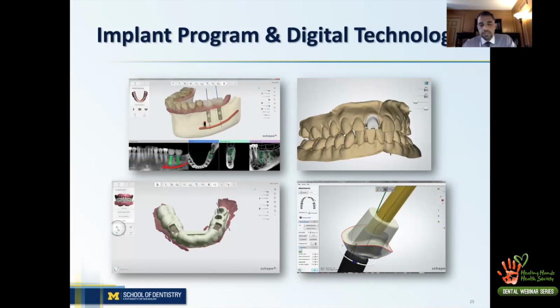But the students enjoy that hands-on experience. Some of them don't get to treat an implant case by the time they graduate. So we get about 130 to 150 implants for the pre-doctoral implant cases. We have 129 students, but not all of them get to do implant cases.